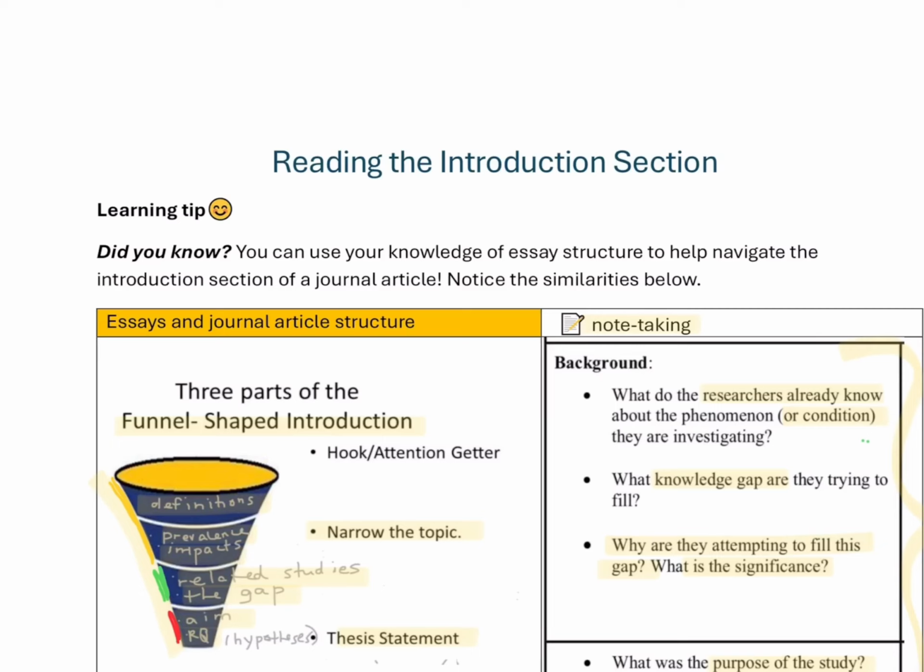That should help. Okay, if you haven't already highlighted the sample article, go and do that now. Pause this video and come back when you're ready. Let's compare our highlights. See you soon.